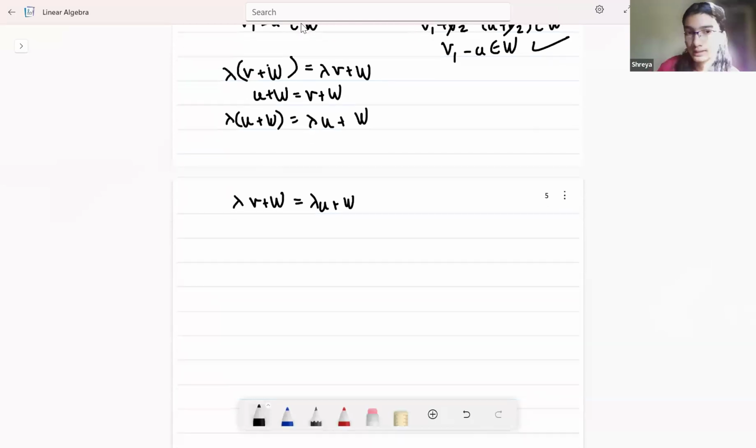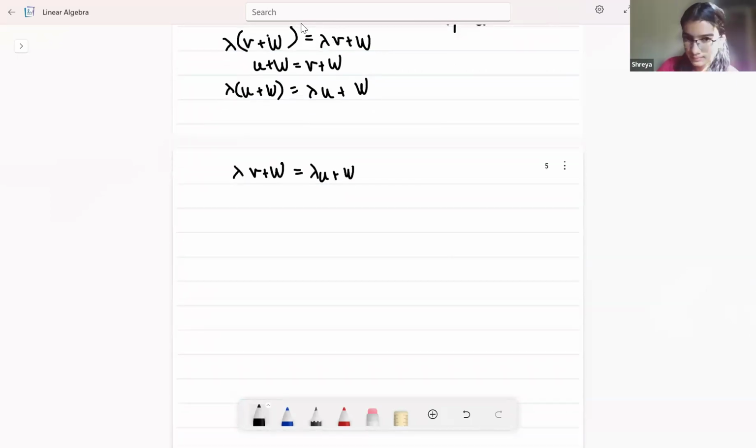And how do we prove this? Lambda v minus lambda u should be in W, unless I'm wrong. Yes, exactly. And this is true because the distributive law holds. So this is just lambda times u minus v.